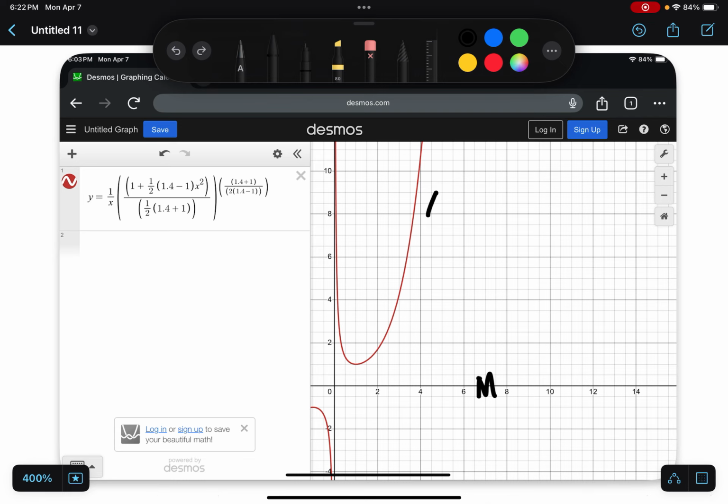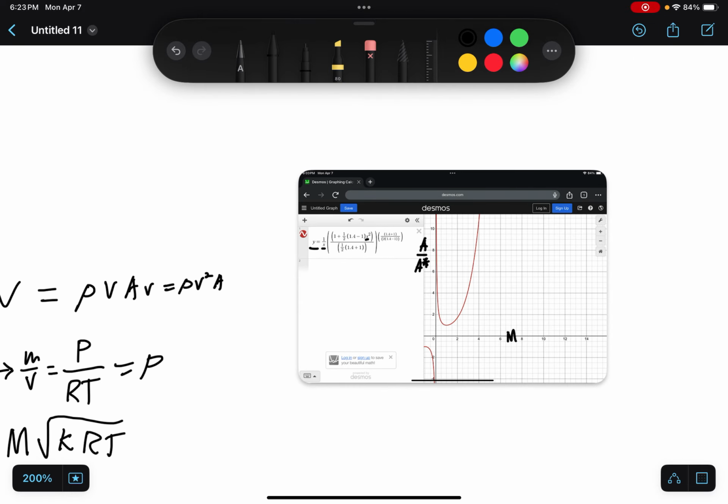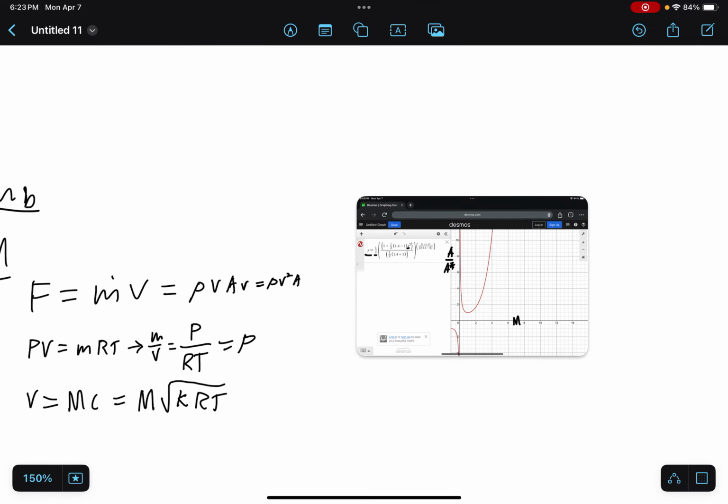I'll draw it over here. You can see I did y and then the Mach number is x. So this is saying as the Mach number increases, A over A star increases, which means if you keep A star the same, that A would have to increase.